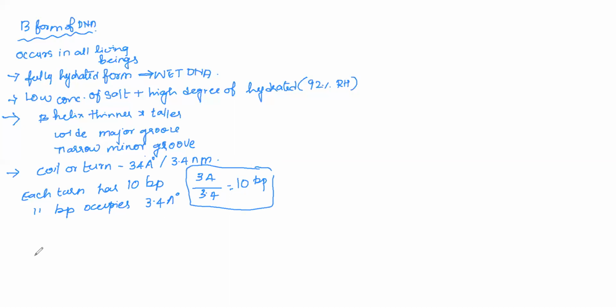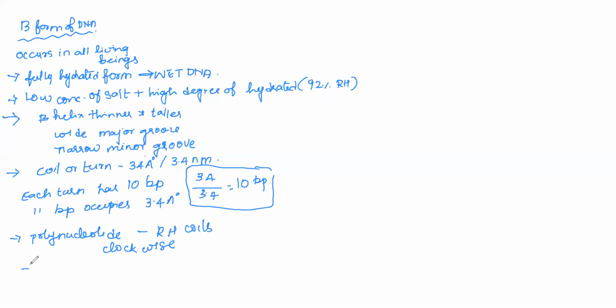Now, we know that the two strands are nucleotide chains wound in right-handed coils, and each strand follows a clockwise path.